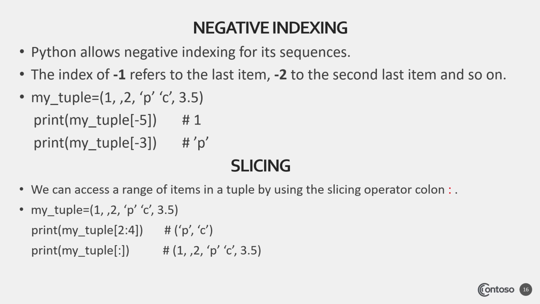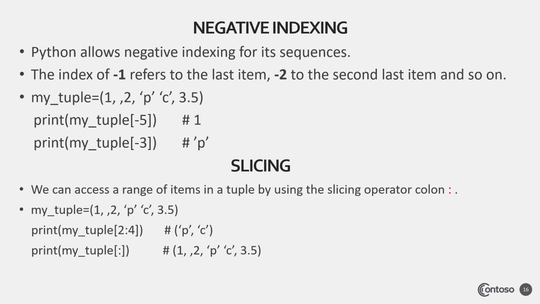Similar to a list, we can also access tuple elements using indexing, negative indexing, and slicing. So negative indexing: Python allows negative indexing for its sequences. The index of -1 refers to the last item, -2 refers to the second last item, and so on. In the given example, it clearly describes how negative indexing occurs.